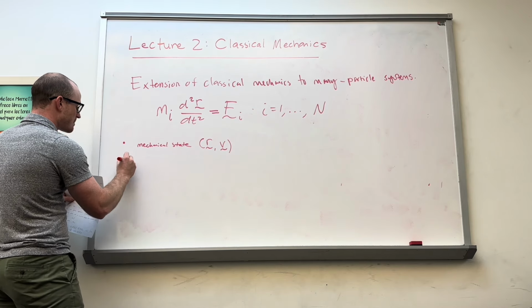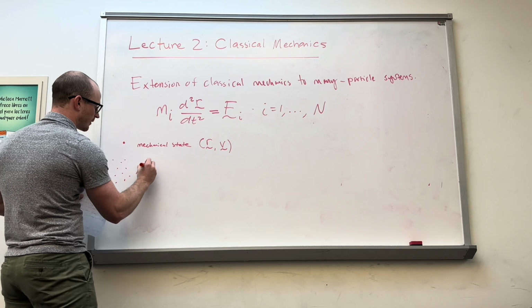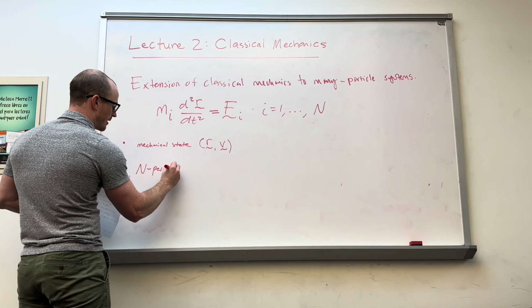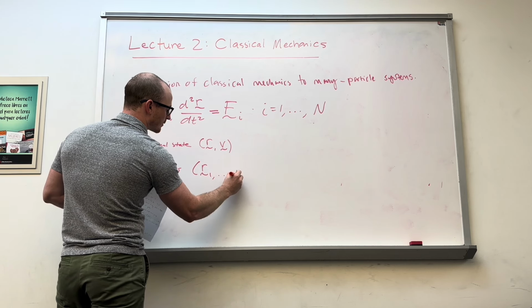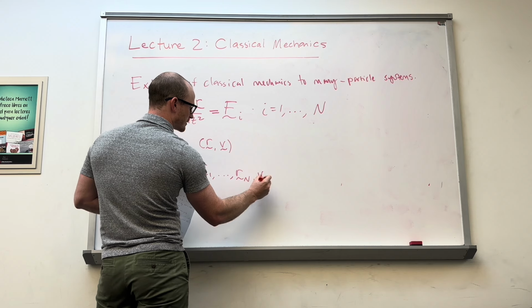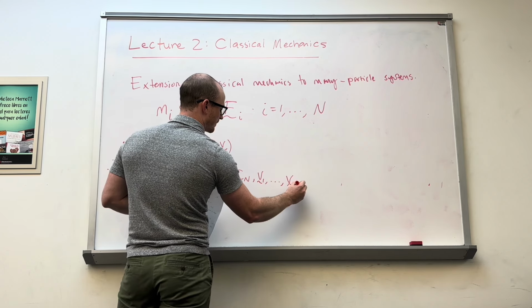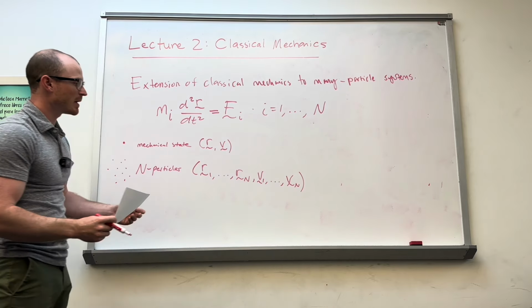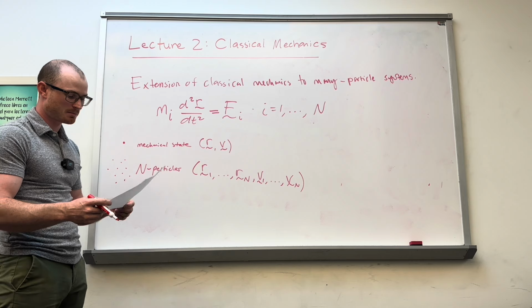But when we have n particles, our mechanical state is now the positions of all of the particles simultaneously and all the velocities simultaneously. So the space has just grown pretty substantially when we've gone to this type of system.